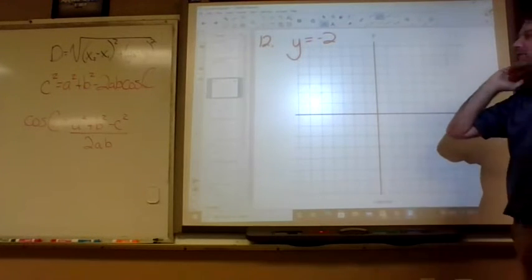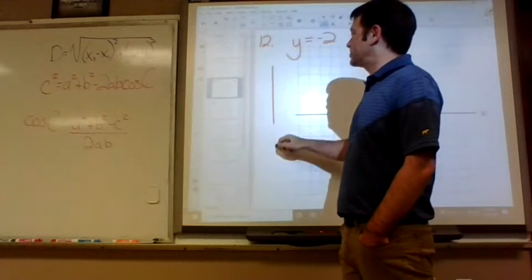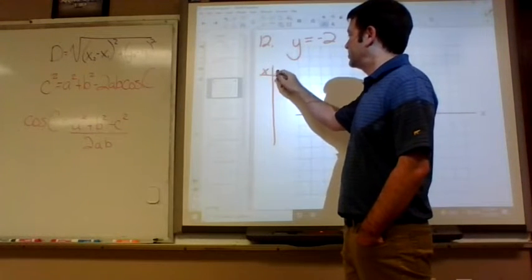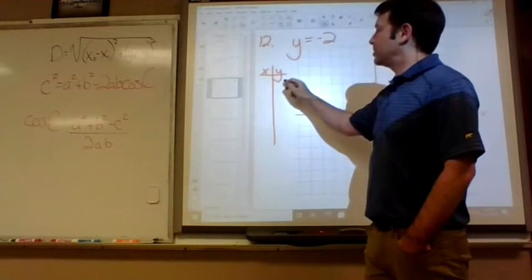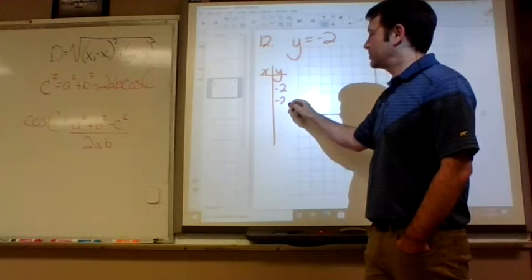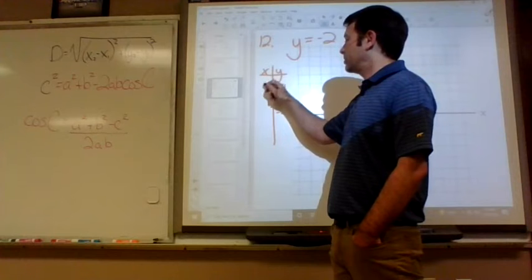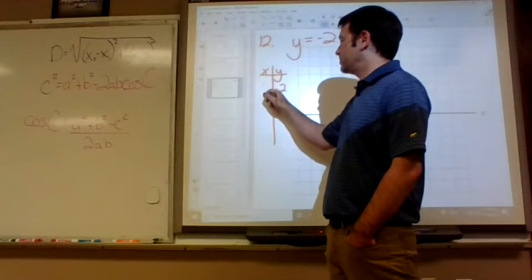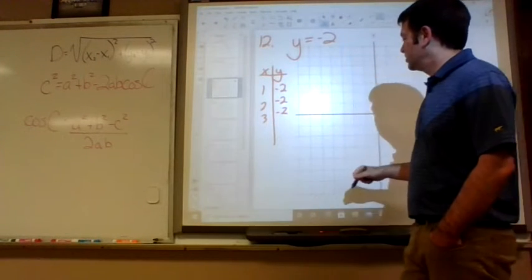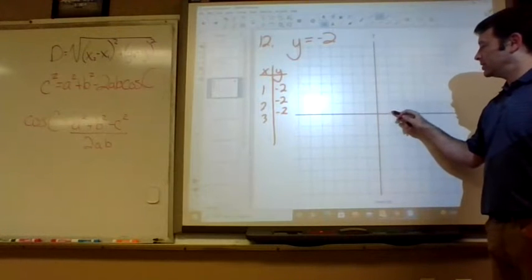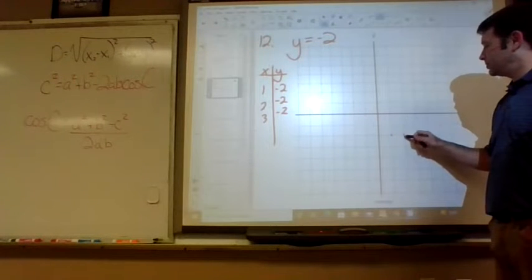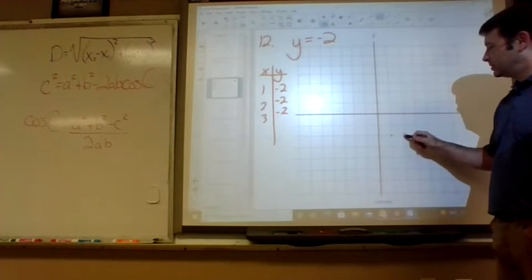Remember on a couple of the homework assignments, we made an XY table, and this means y is always -2. The x value can be anything, whatever, 1, 2, 3. So, 1, -2, 2, -2, 3, -2.